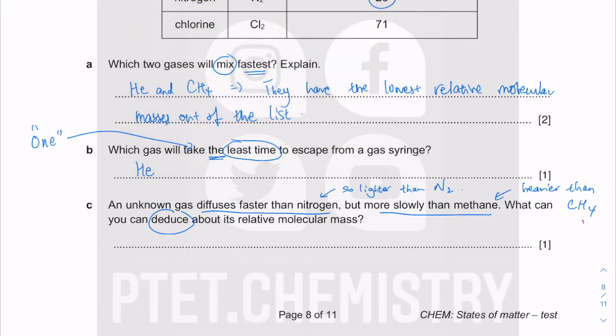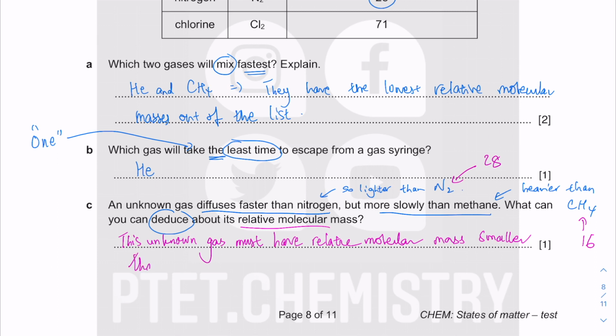So this unknown gas must have a relative molecular mass smaller than 28 but bigger than 16.